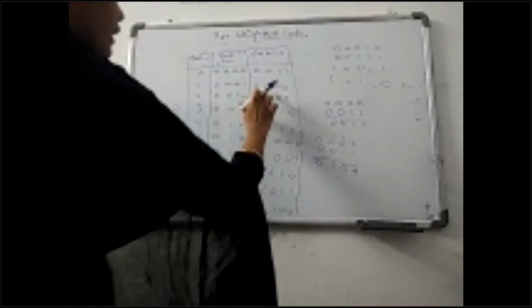See here, 1101, 1110. Some states are not valid in Excess-3 code. What are the states? First is 0000, 0001, 0010, then 1101, 1110, and 1111.